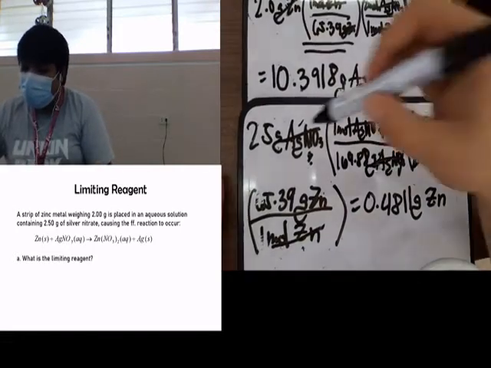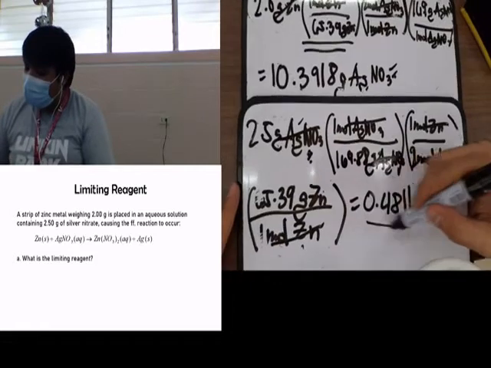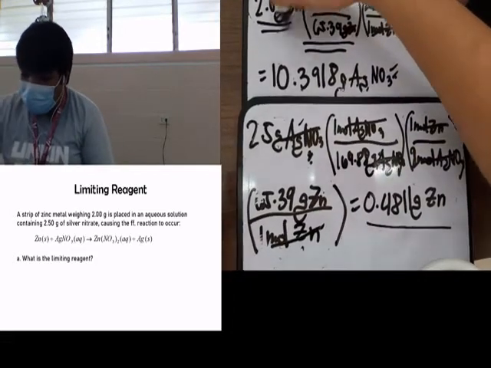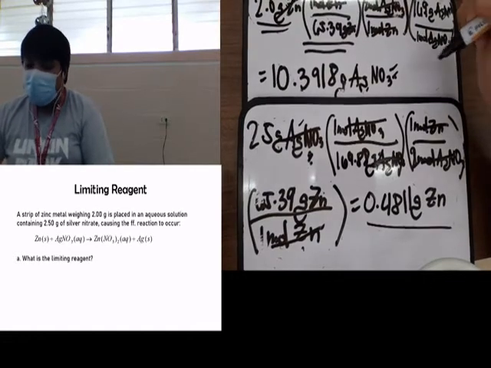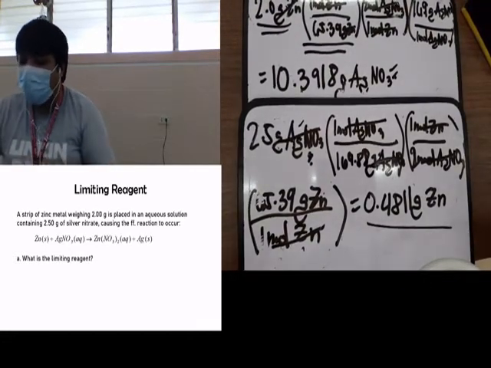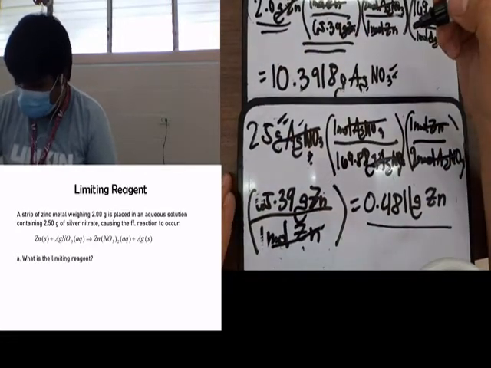Conversely, the 2.5 grams of silver nitrate will only consume 0.4811 grams of zinc, which is just a fraction of the 2 grams of zinc that is needed.